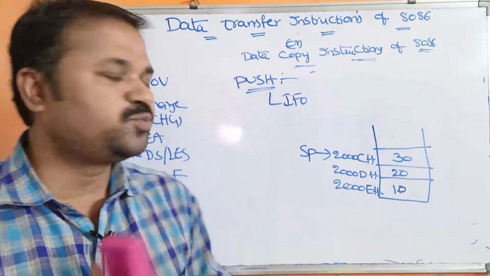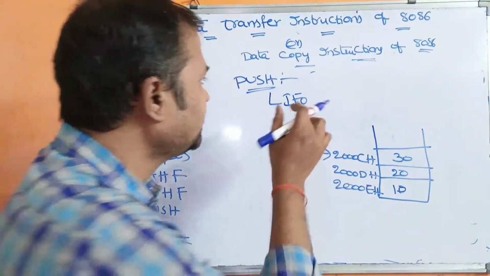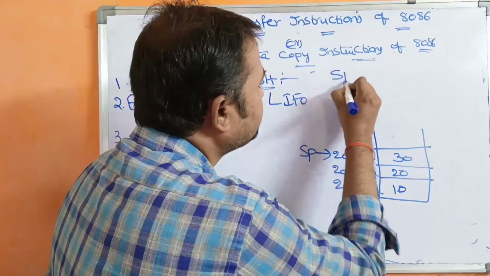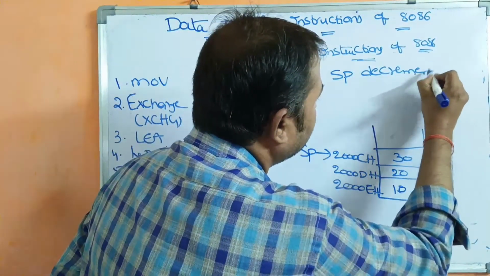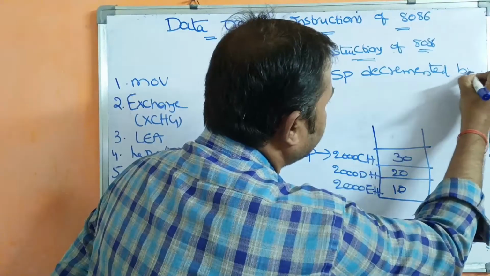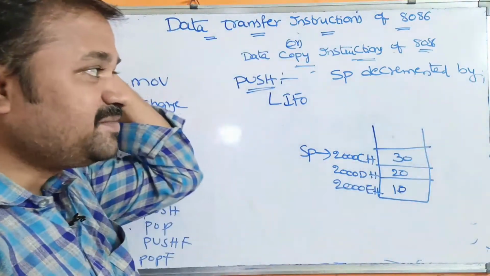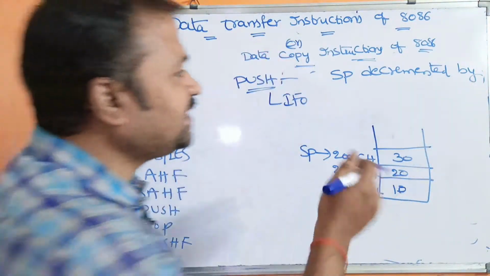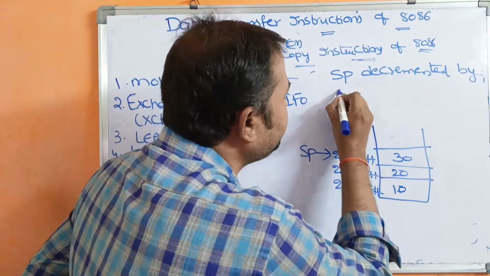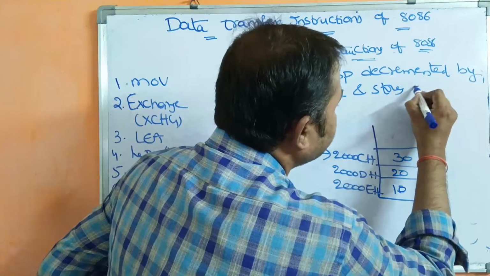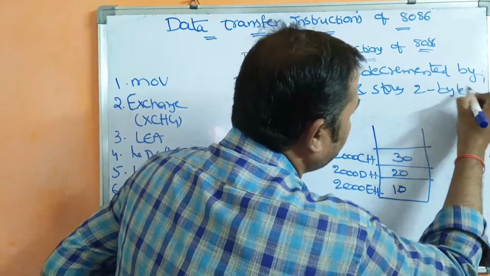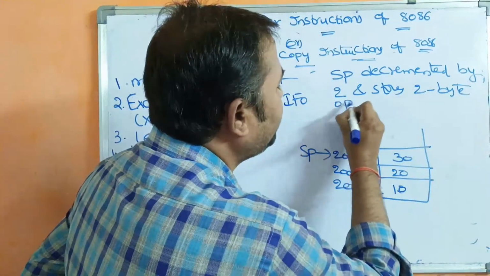For the push operation, the stack pointer will be decremented by 2. SP will be decremented by 2 and it stores a 2-byte operand onto the stack.